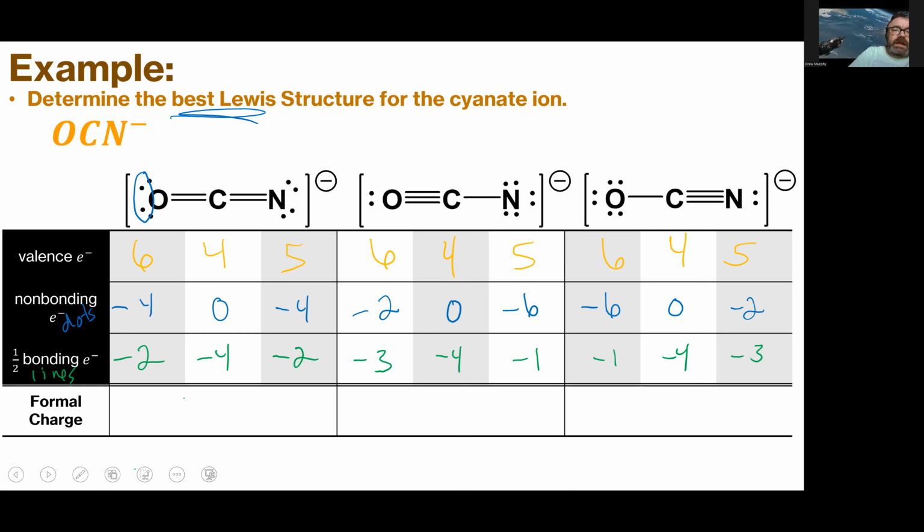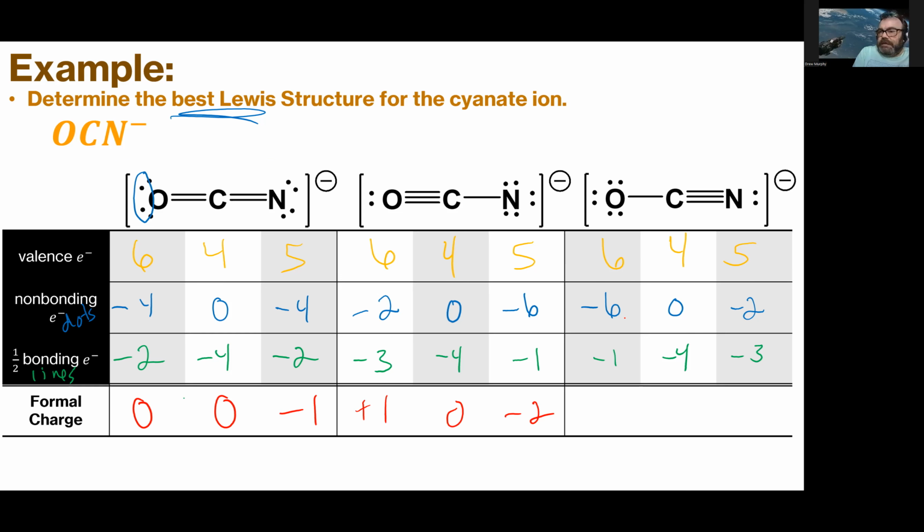Now, if we want the formal charge, we're going to add up all these numbers, which is really just subtracting all these from the valence electrons. So 6 minus 4 minus 2 is 0. 4 minus 4 is 0. 5 minus 4 minus 2 is negative 1. 6 minus 2 minus 3 is plus 1. 4 minus 4 is still 0. 5 minus 6 minus 1 is minus 2.